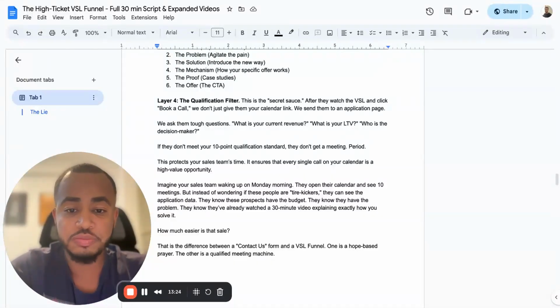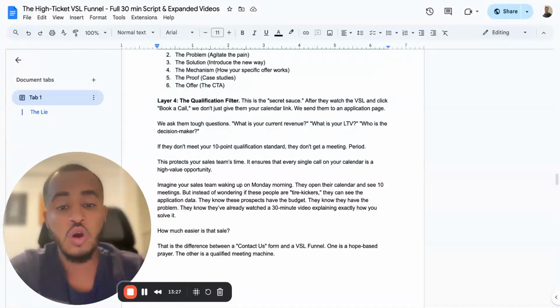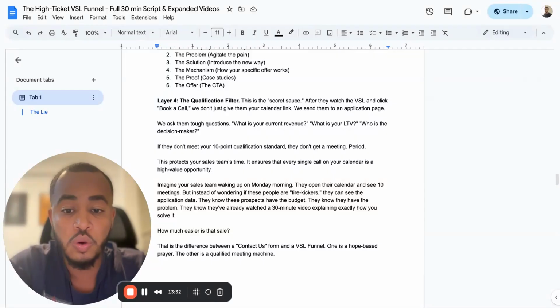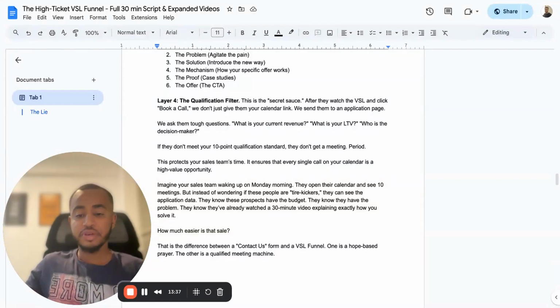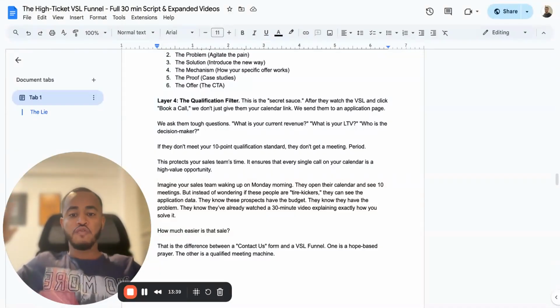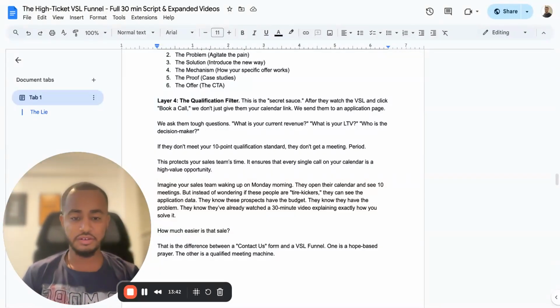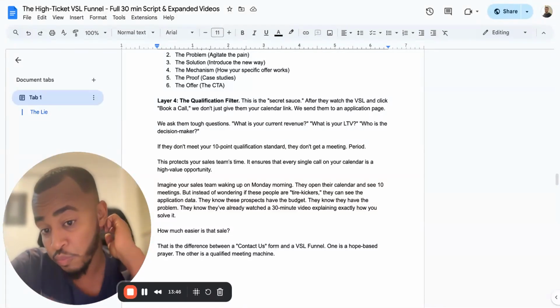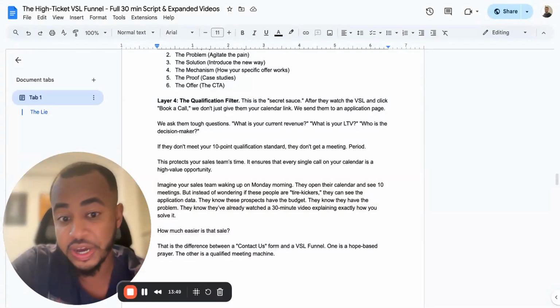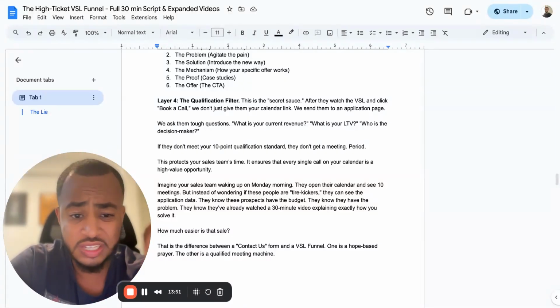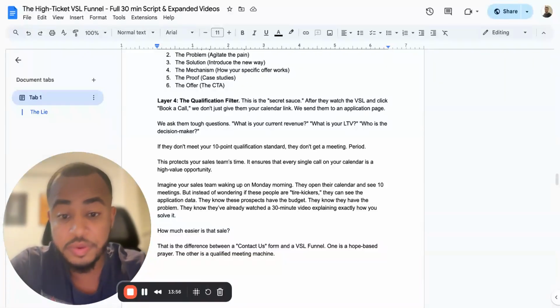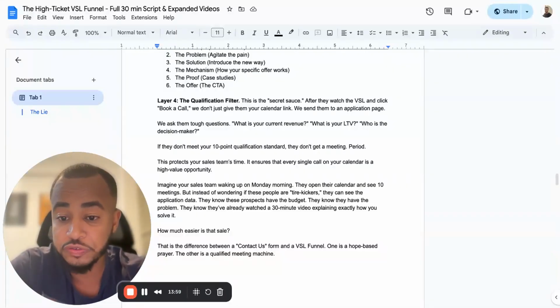That's it. It protects your sales team's time. It ensures that every single call on your calendar is a high-value opportunity. Imagine your sales team waking up on Monday morning, opening the calendar and seeing 10 meetings, but instead of wondering if these people are tire kickers, they can see the application data and they know this prospect has the budget, they know they have the problem, and they know they have already watched a 30-minute video explaining exactly how to solve it.